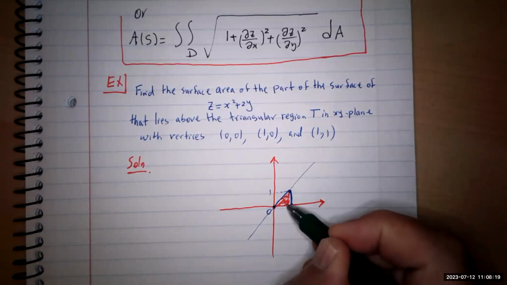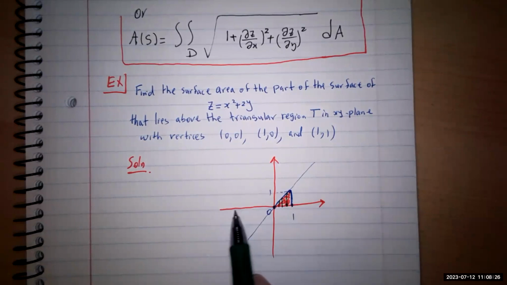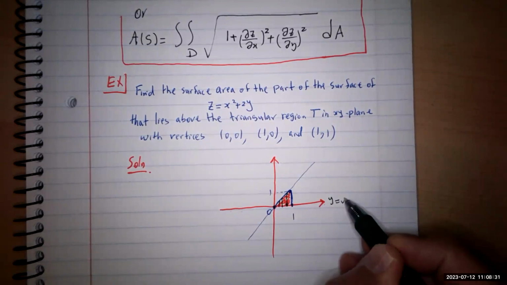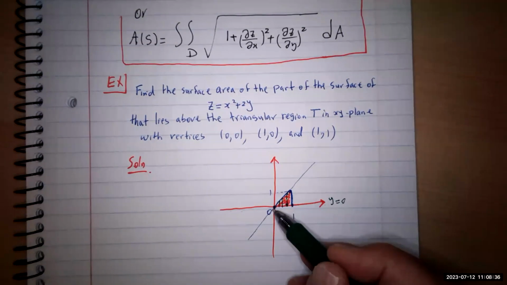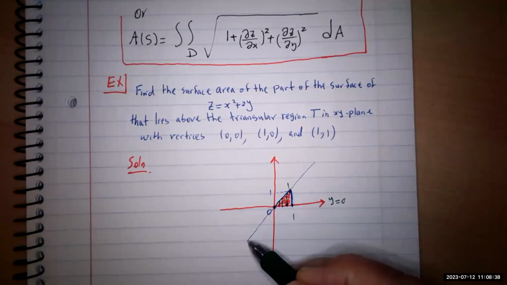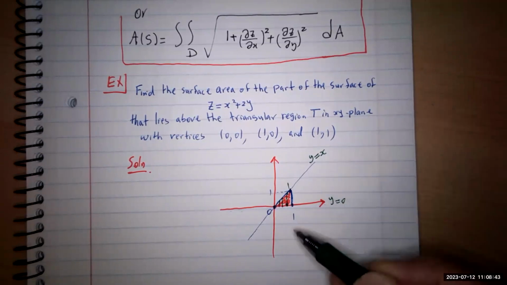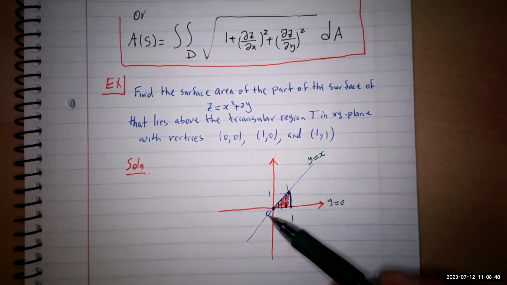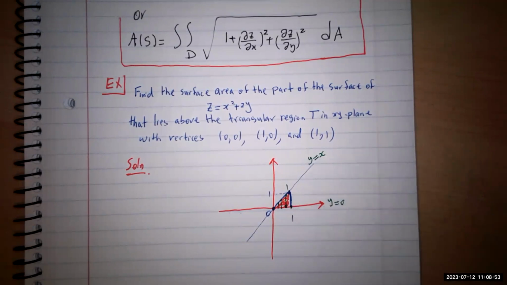So down is y equal to 0, the x-axis. Up is this line. And you know that this is going to be 0, 0, and this is 1, 1. So this line is simply y equal to x. Okay, the slope is 1, and the line passes through 0, 0 and 1, 1. It's clear that it's y equal to x.